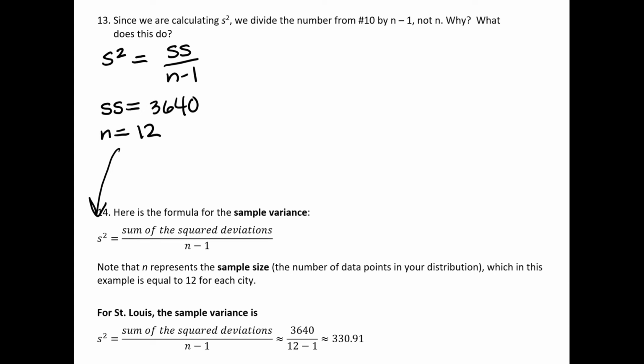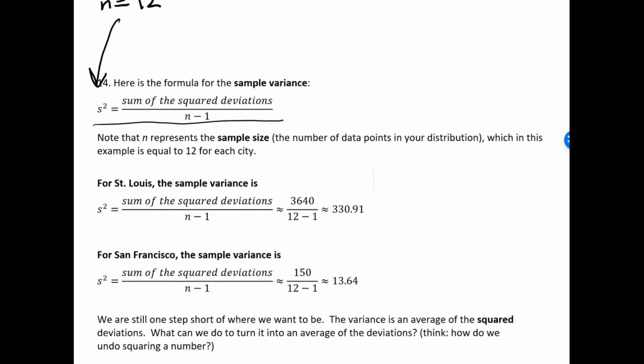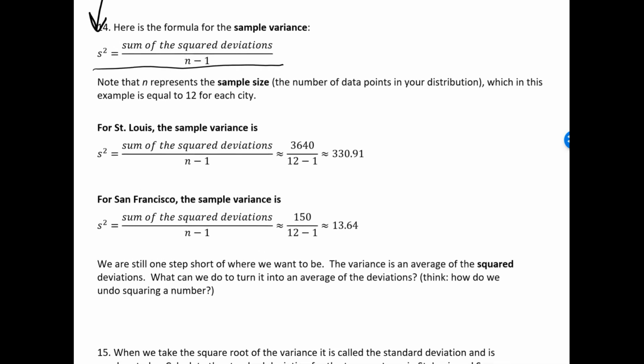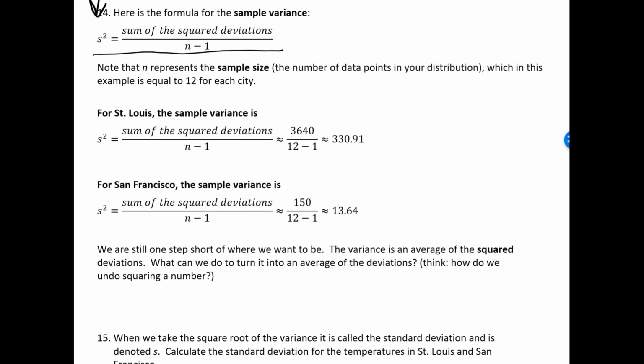Okay, so here we've got a repeat of our formula for the sample variance. Note that n represents the sample size, the number of data points in our distribution, which in this example is equal to 12 for each city. So here we're going to calculate the sample variance for St. Louis versus for San Francisco. And look how nice I am. I don't even make you do this yourself.